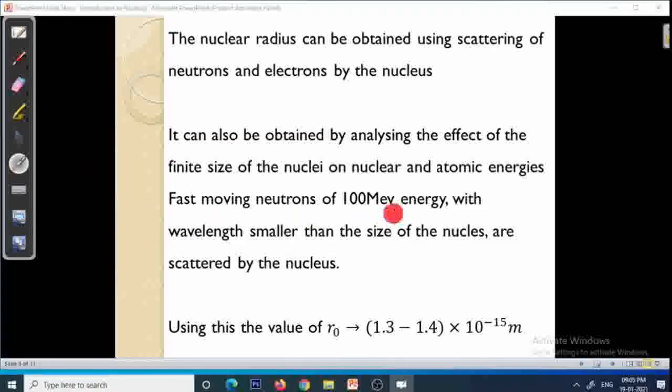Fast moving neutrons of 100 mega electron volt energy have a wavelength smaller than the size of the nucleus. That means the wavelength should be smaller than the size of the nucleus, that is, smaller than 10 raised to minus 15 meter, or femtometer size.